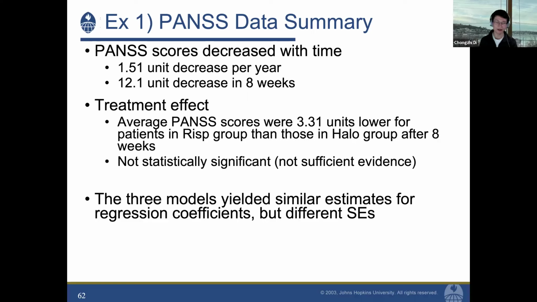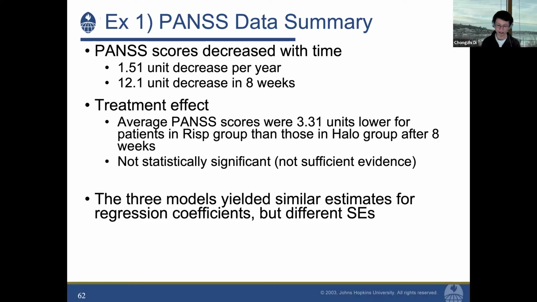But if you do not reject the null, if the p-value is greater than 0.05, I often see people interpret that as they are not associated, but that's not correct. The correct interpretation is that there's not sufficient evidence to suggest association. It's not the same as no association.